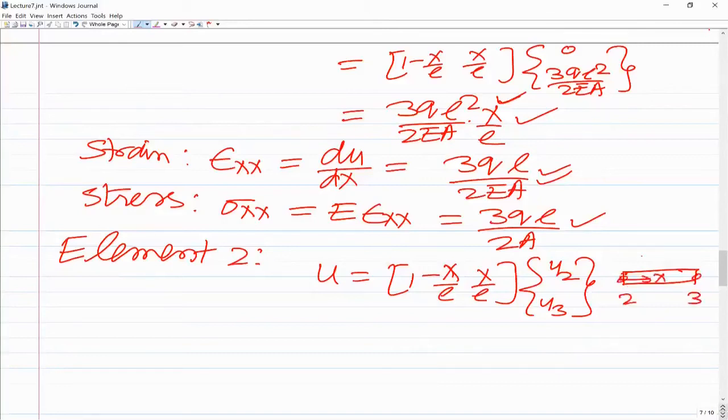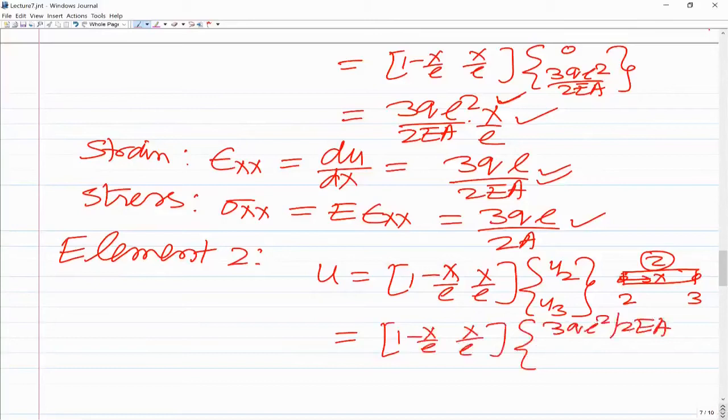So this is element number 2, and these are u2 and u3. If you put the values, we have 1 minus x by L and x by L. u2 we have already written as 3qL square upon 2EA, and u3 is 2qL square upon EA. This we have already solved for.